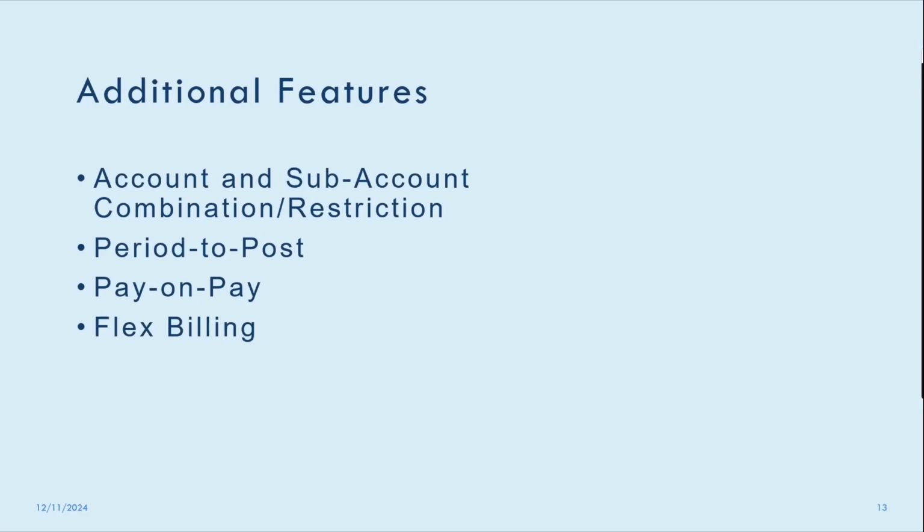The period to post, I just want to note something in here, and you'll see it when Joel goes through and shows you some of the screens. But Acumatica, when you put a date in for, say, an AP bill, they call it a bill in Acumatica instead of a voucher, but you put it in for an AP voucher, AP bill.